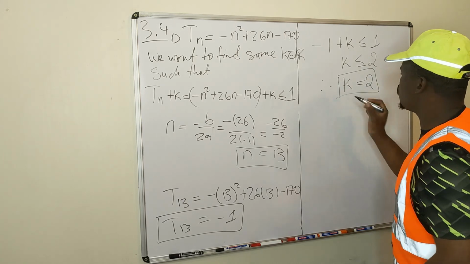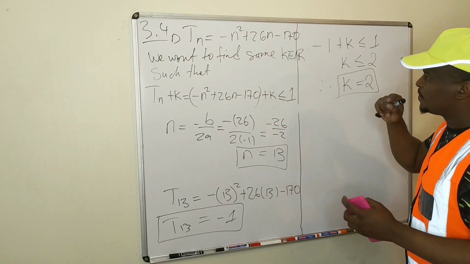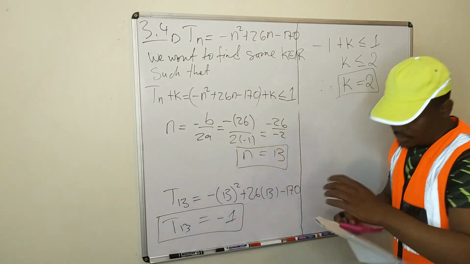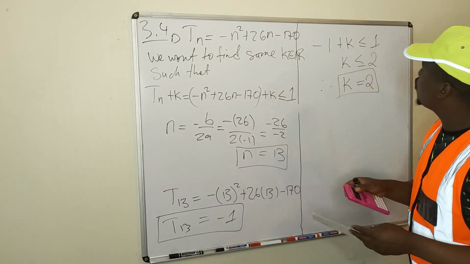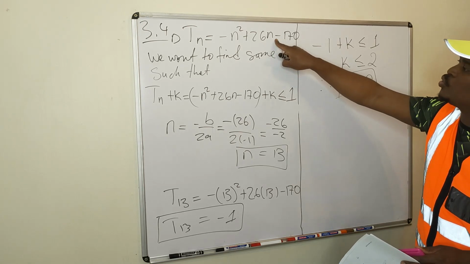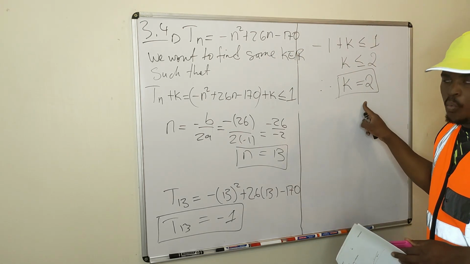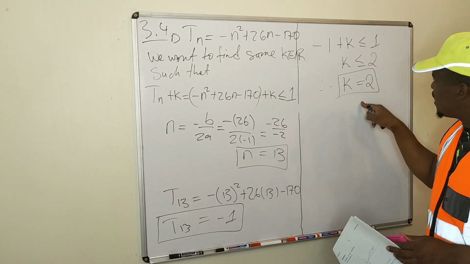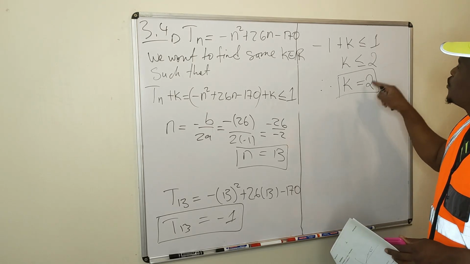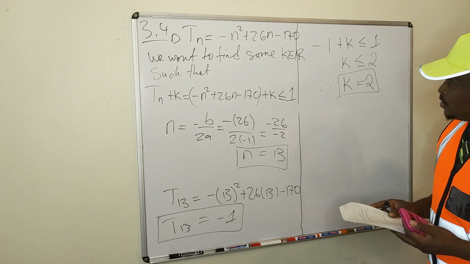So you must be adding 2 in order to achieve this. You must add 2 to all terms here. If you add 2 to all the terms of this sequence, then your maximum will be 1. So k is the value that you wanted to add to achieve the maximum of 1. So this is how you do this one. I think we're done.